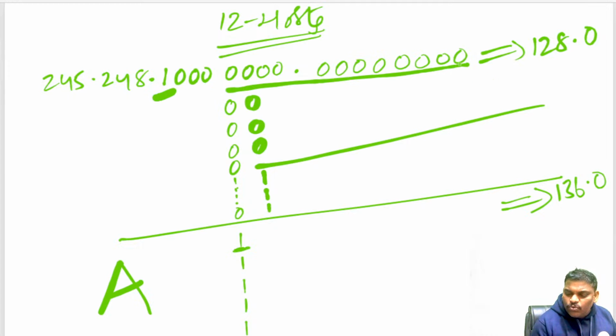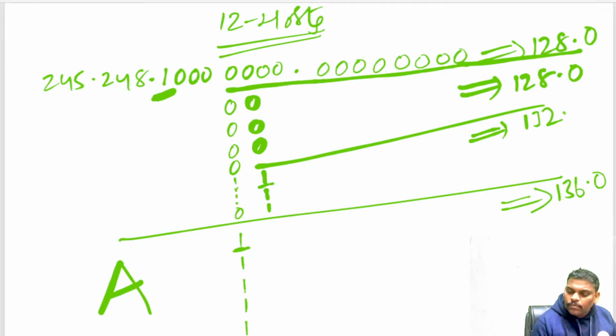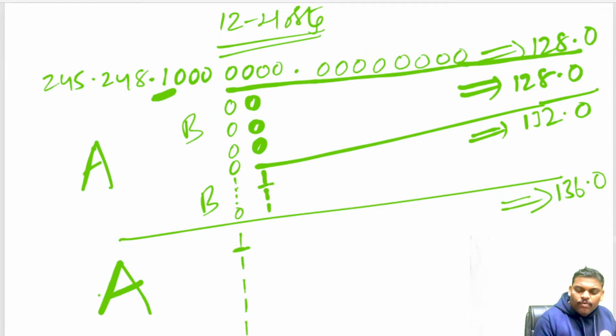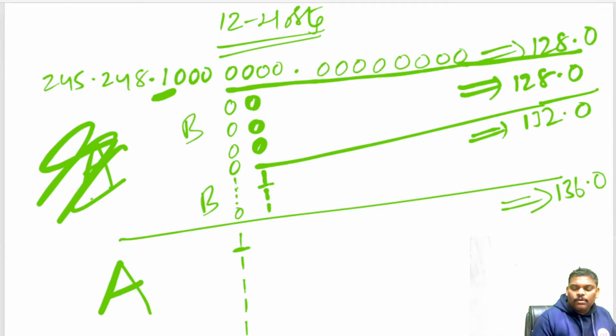So in this group 128.0, but in this group 128 plus 4, 132. So B will be either this or this. A will be either this or this. Finally A is this. B will be either this or this.